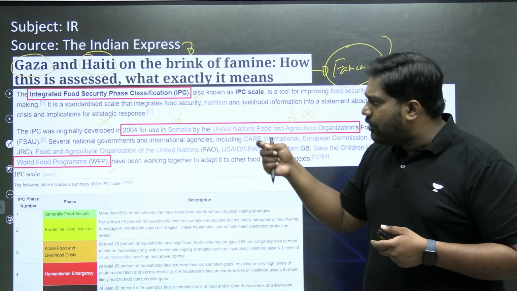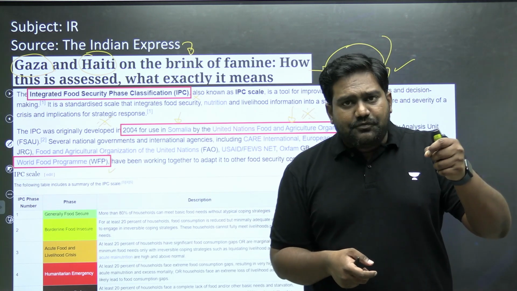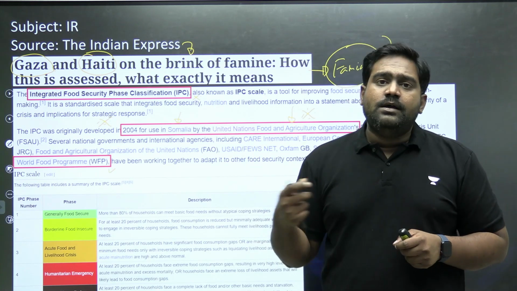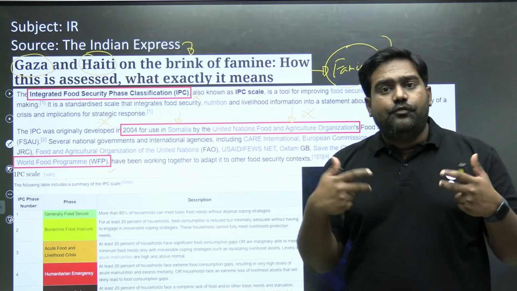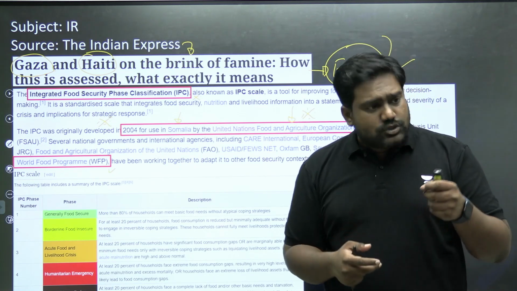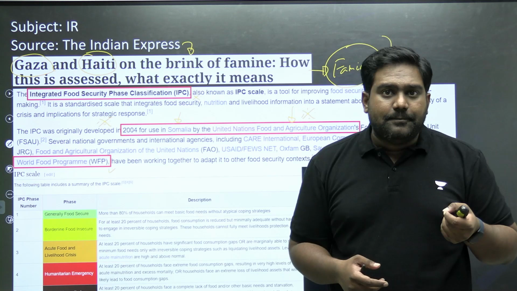It's very much possible for a famine situation to occur. So based on the findings of this scale, the global organizations will try to arrange food aid and food relief so that the required food supplies can be provided to the affected people.